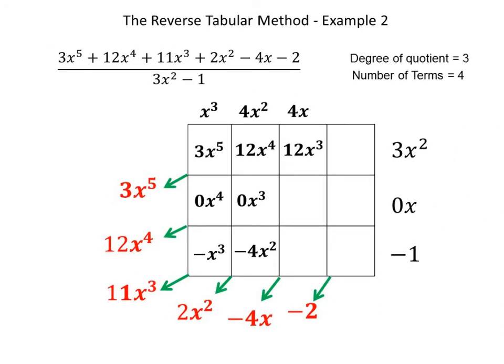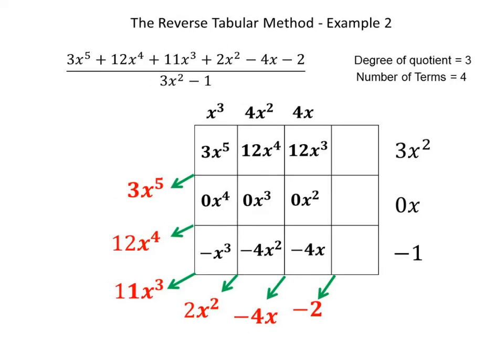Now, this 4x will help us determine the next two elements in this table. 0 times 4x will give what is going to be in this box, and negative 1 times 4x will be what will be down here. These two expressions down here are 0x squared and negative 4x.